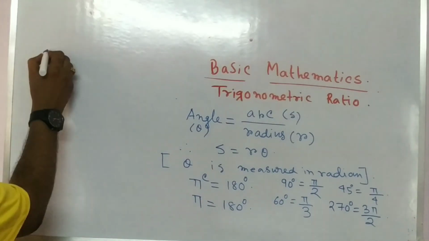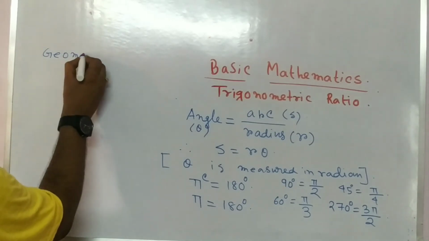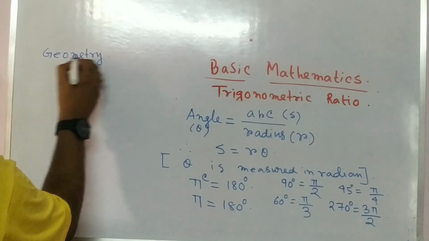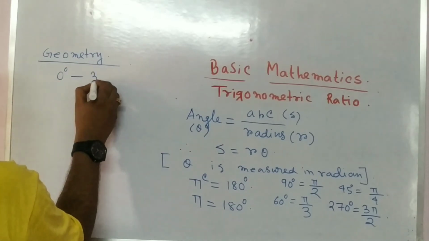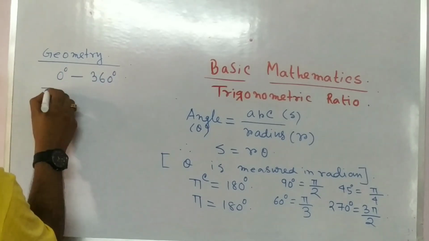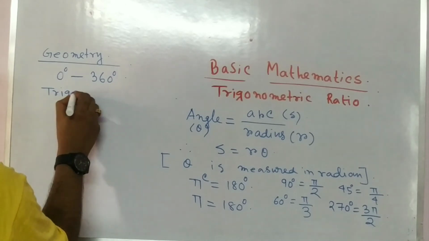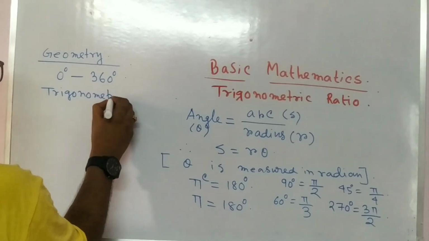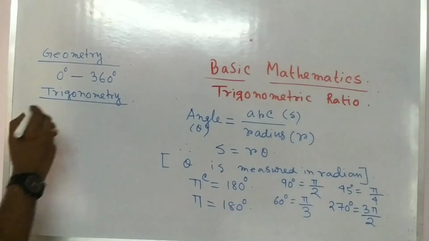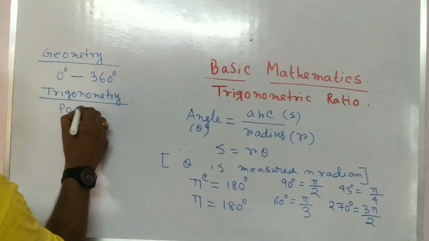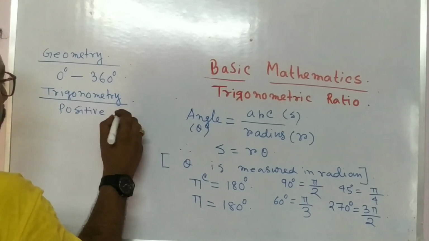In geometry the limitations of the angle is in between 0 degree to 360 degree. But in trigonometry there is no limitations of angle. It may be positive angle or negative angle.